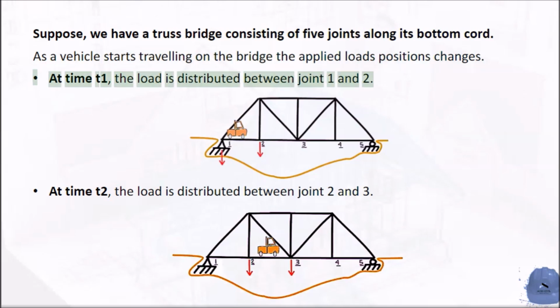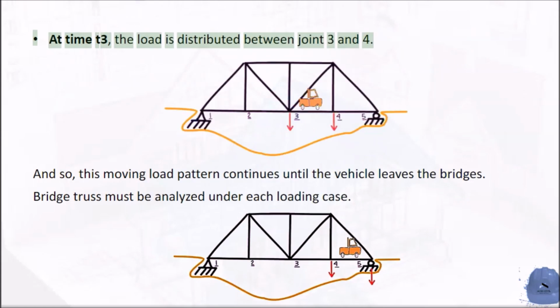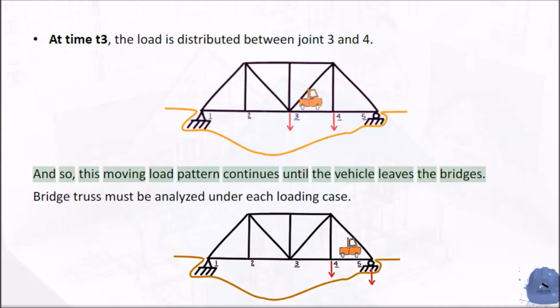At time t1, the load is distributed between joints 1 and 2. At time t2, the load is distributed between joints 2 and 3. At time t3, the load is distributed between joints 3 and 4. And so, this moving load pattern continues until the vehicle leaves the bridge.